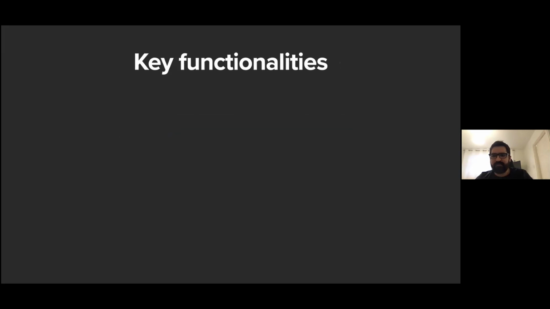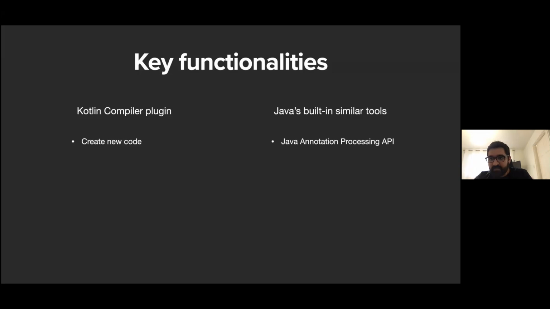So, a couple of key functionalities, just to give an idea of why this tool is really cool, at least compared to what Java offers as a built-in tool. You can create new code with the Kotlin compiler plugin. It's something you can do with Java as well, with the Java annotation processing API. It's not exactly the same, but at least you can create code using this API, which is built into Java's tools.